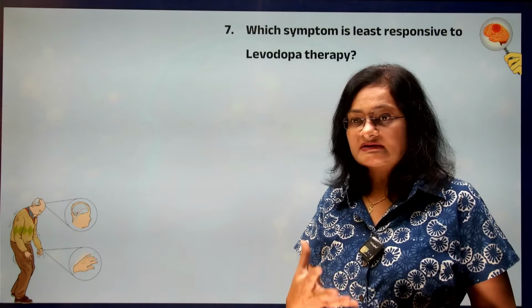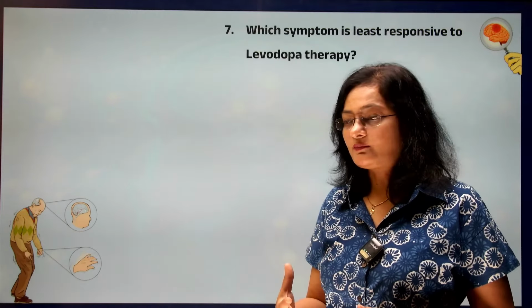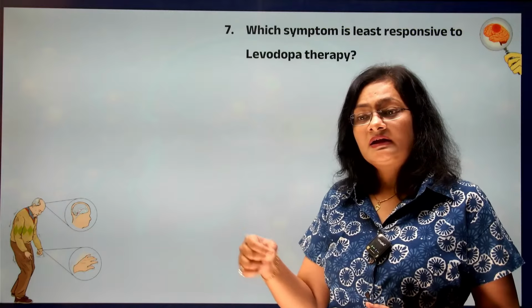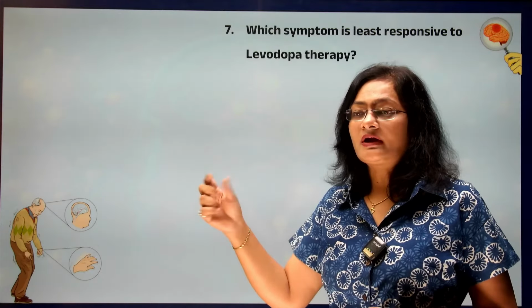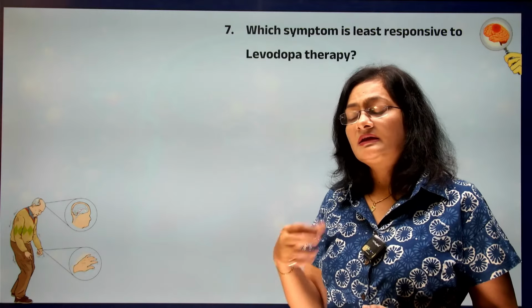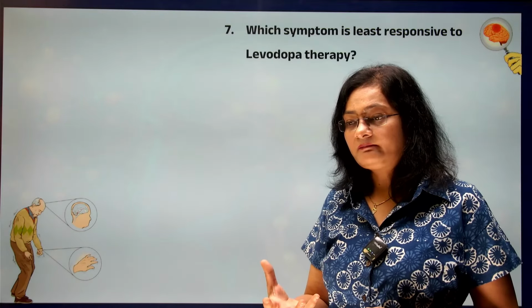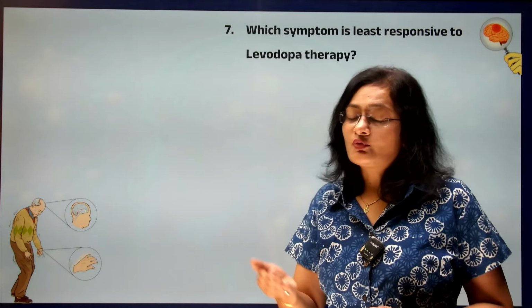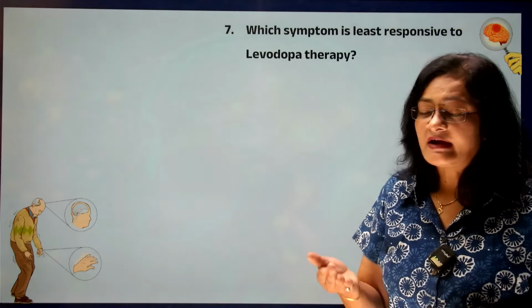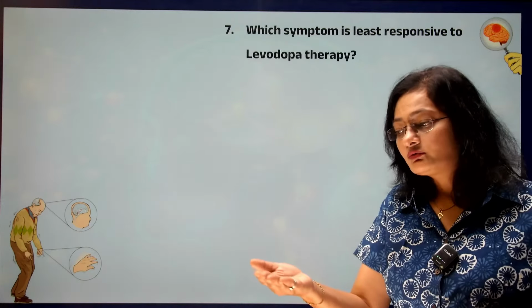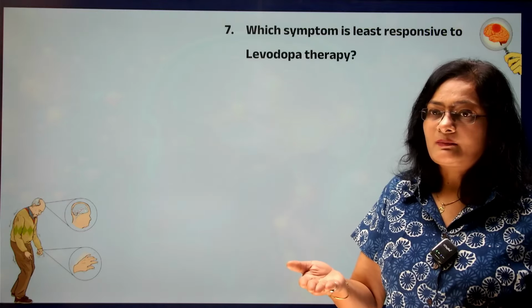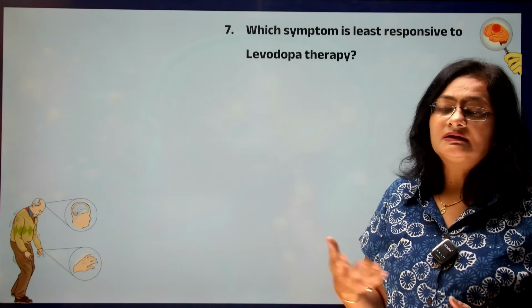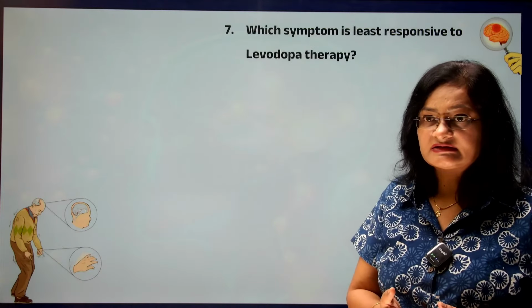They will have a mask-like face, known as hypomimia. Then they have micrographia, their handwriting will become progressively small and unreadable. Then postural problems include phantom pillow appearance, that although no pillow is placed, their neck will be up from the supporting surface. So these are other features of Parkinson's disease.